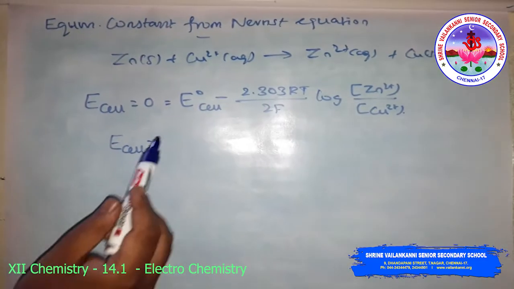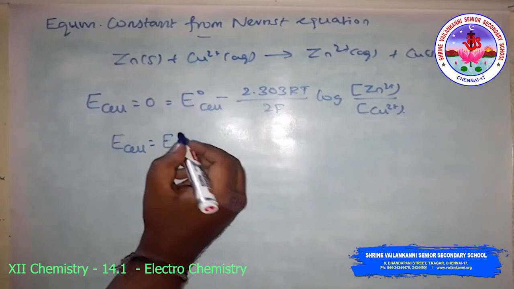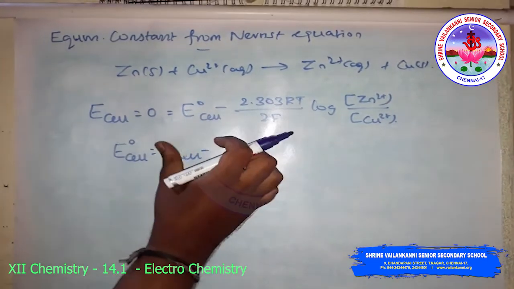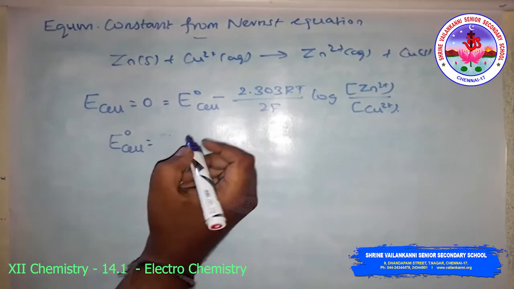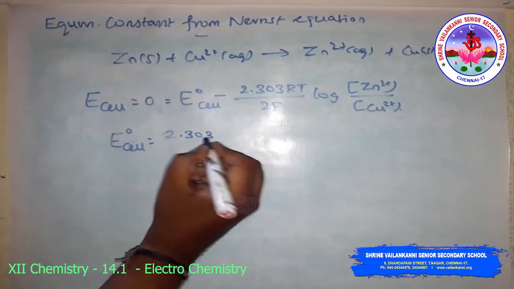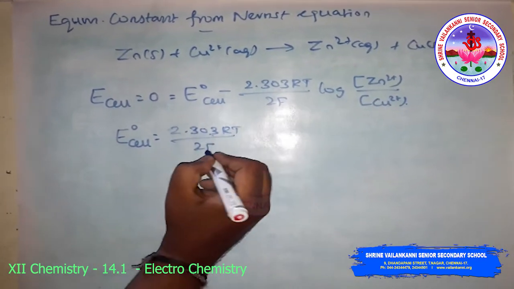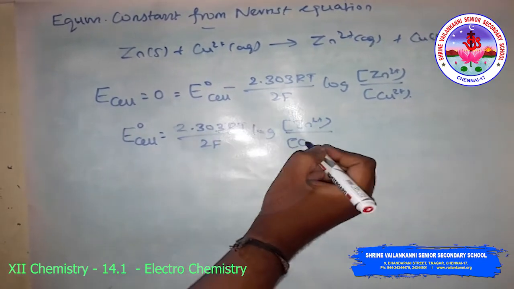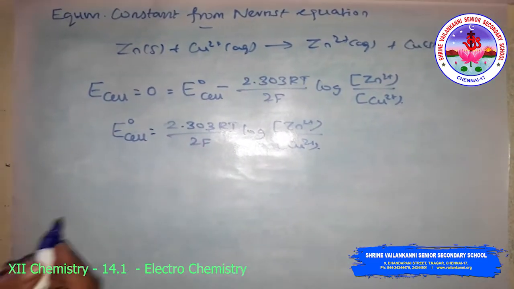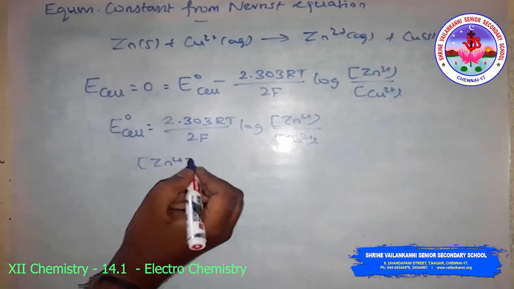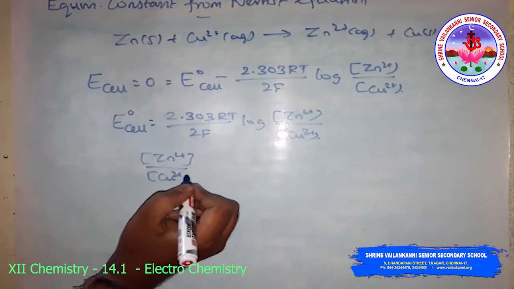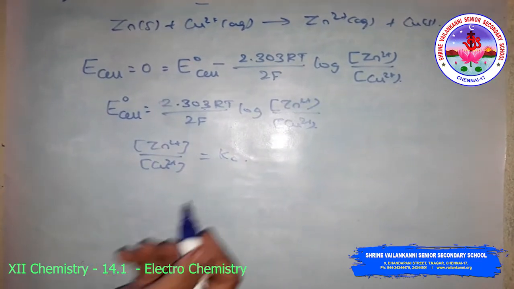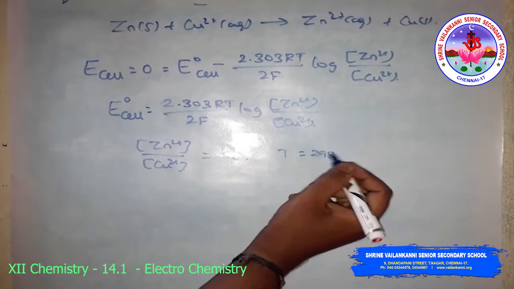So here E cell is equal to E naught cell minus this, or you can write E naught cell is equal to 2.303 RT divided by 2F into log of [Zn2+] divided by [Cu2+]. But at equilibrium, the concentration of Zn2+ divided by the concentration of Cu2+ is equal to Kc. Then the temperature should be 298 Kelvin.